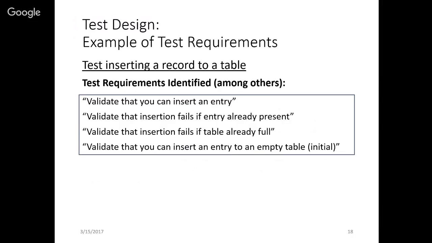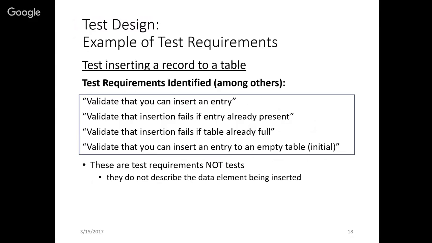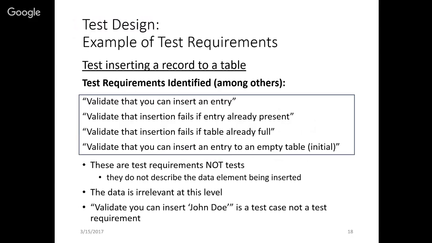Can anyone give me a test case for these test requirements? For the first one, validate that you can insert an entry: insert Marta. If it has names, then something like this will be a specific case.